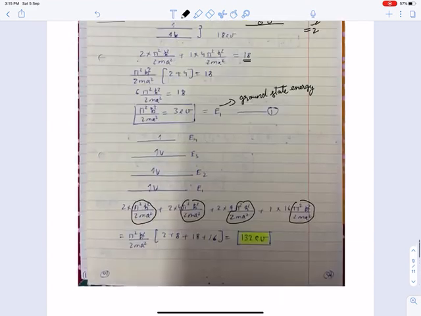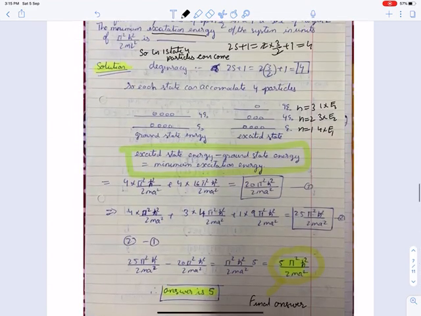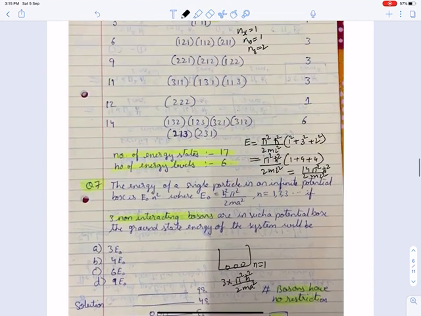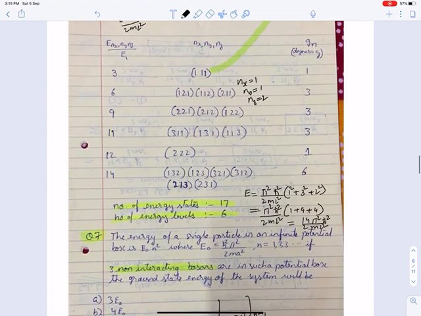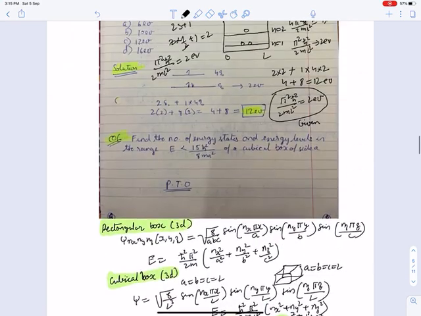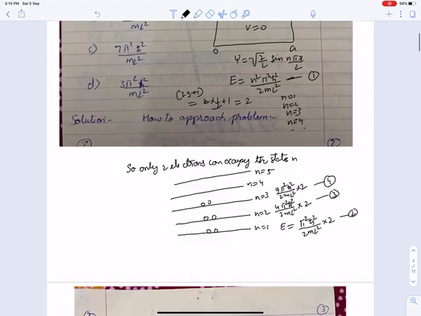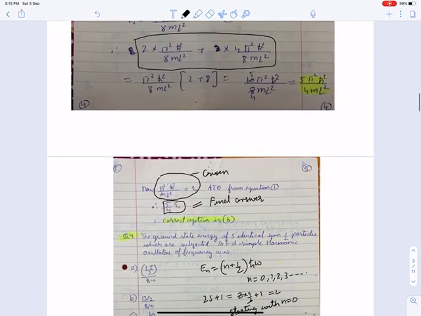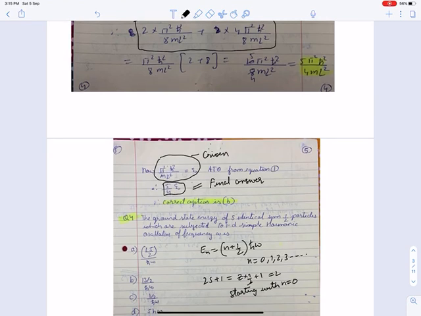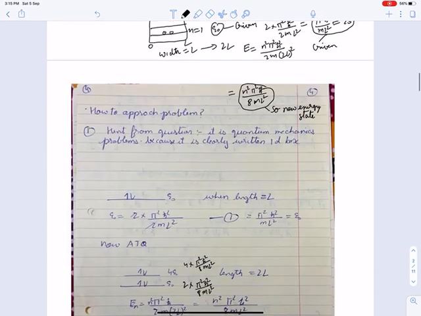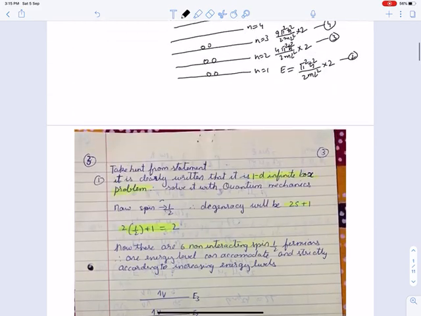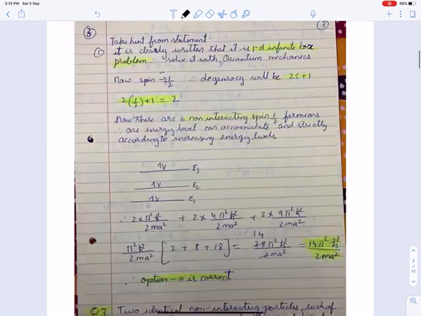I've done all the numericals, all the problems that have come in your GATE, JEST, NET, TIFR. All the problems have been solved in this exercise, so this exercise is very important. I don't think any problem is left, but I have not covered the last year NET and the year before that. The rest I have covered, the questions of GATE, NET, JEST.